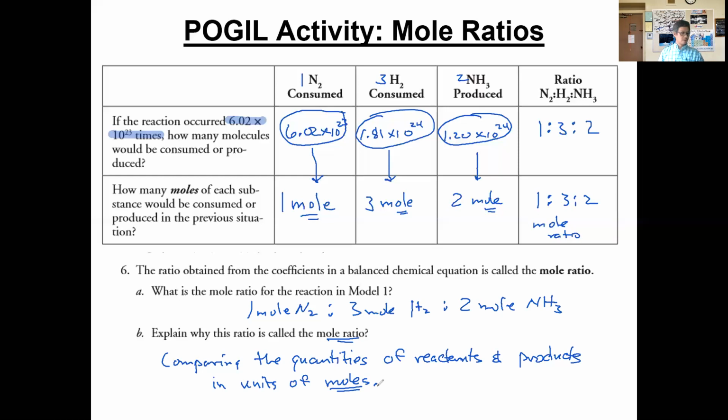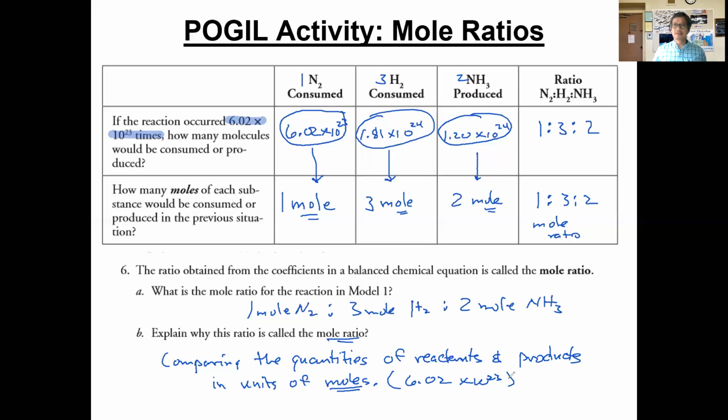And that's why we call it the mole ratio. Make sure you understand that, which indicates that we are using this many particles to describe the relationship between those. Okay? All right, very good.